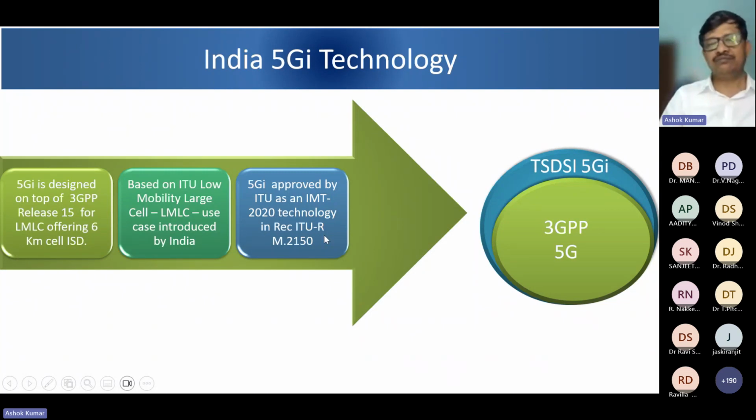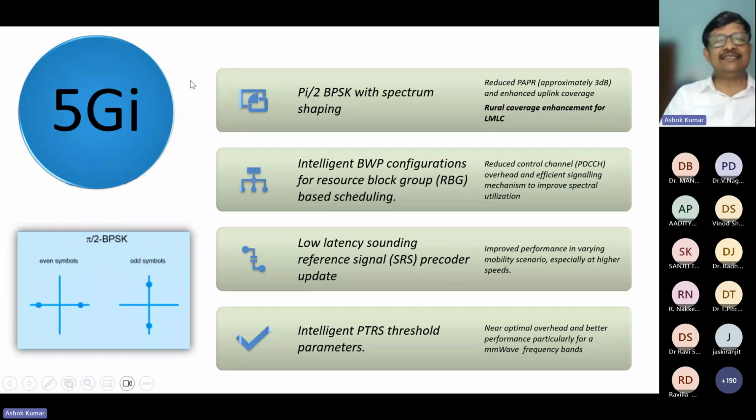So this was the process followed, and there are certain additional features. Basically, the 5GI aim was to create larger coverage. In the uplink direction, coverage is basically limited by the handset. There we introduced pi by 2 BPSK modulation. With this, we can cover slightly more distance for the uplink, for the mobile, and that gives us better coverage of a network.